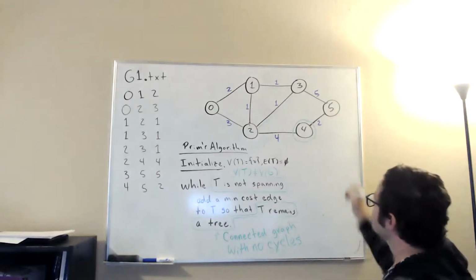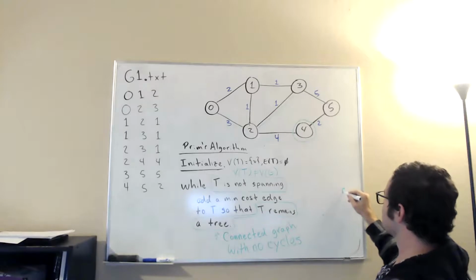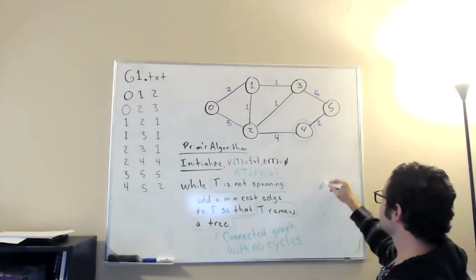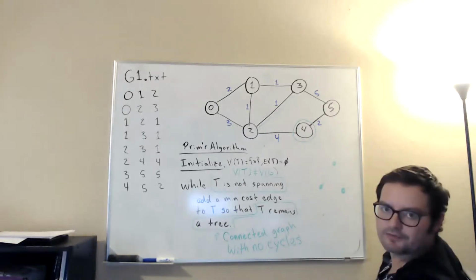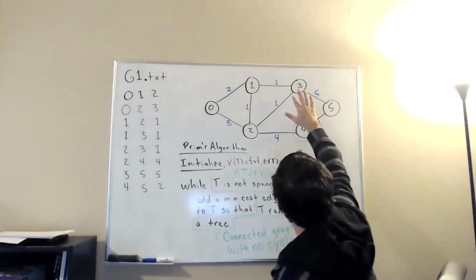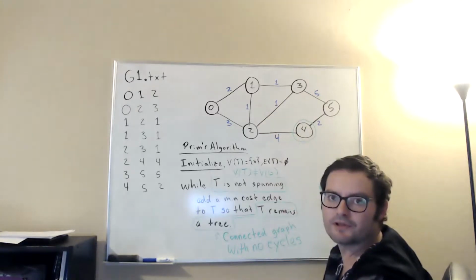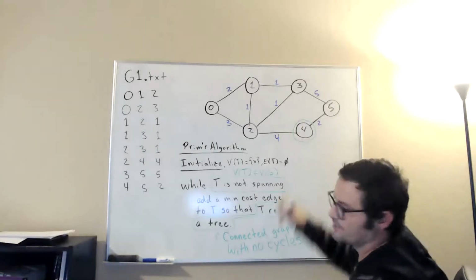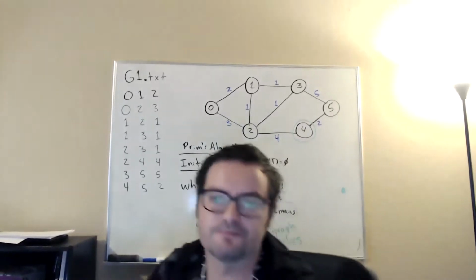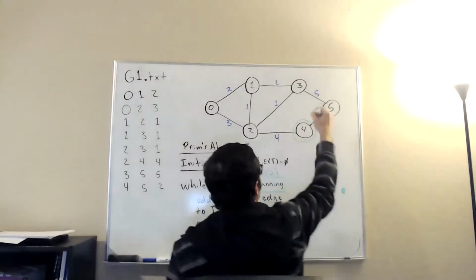The answer is no, because if we add that edge, then our graph looks like this. And that's not a connected graph. So we cannot add that edge. The only edges that we can add are ones that keep the graph connected. So we can either add this one or that one.